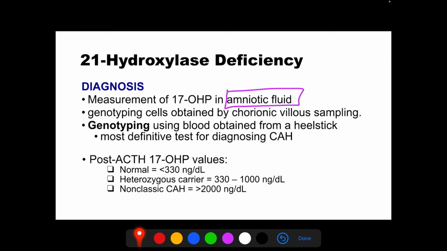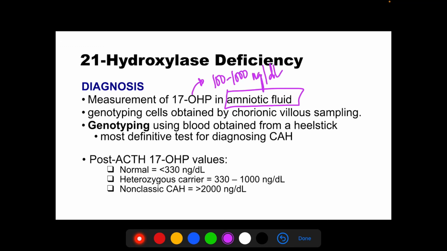And on the other hand, the goal of the glucocorticoid replacement is to keep the 17-hydroxyprogesterone level partially suppressed. So we do the glucocorticoid treatment to suppress the 17-OHP level to 100 to 1,000 nanograms per dL.